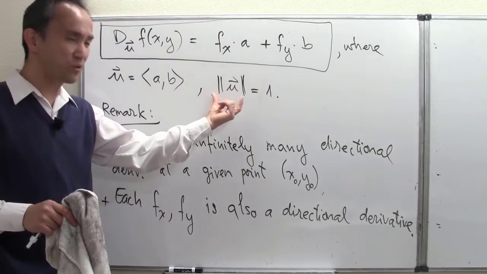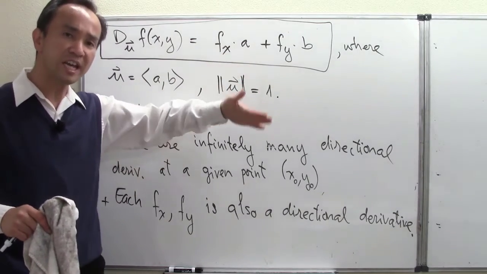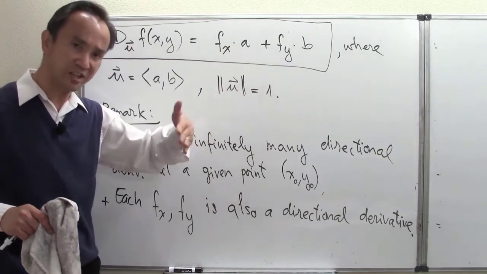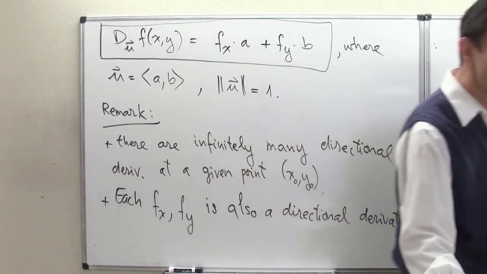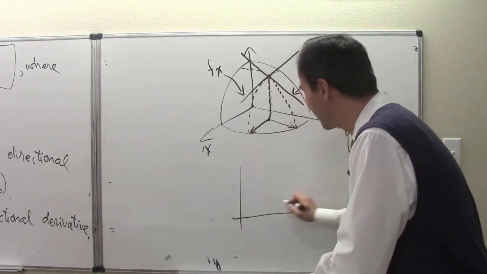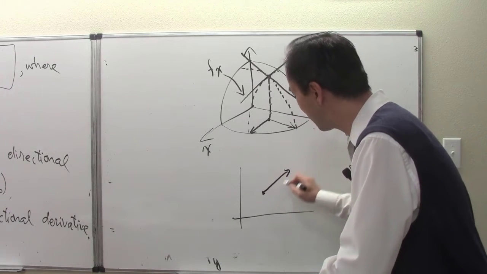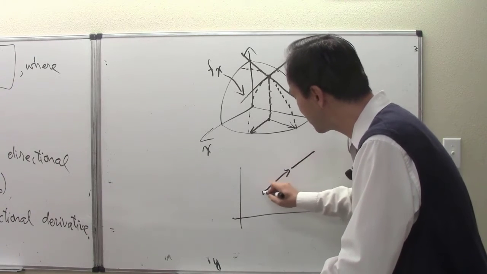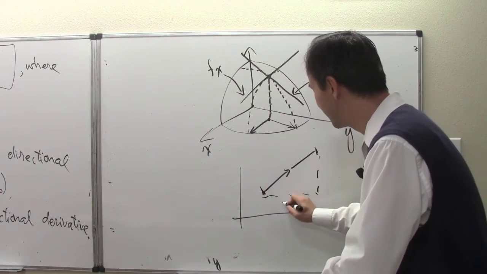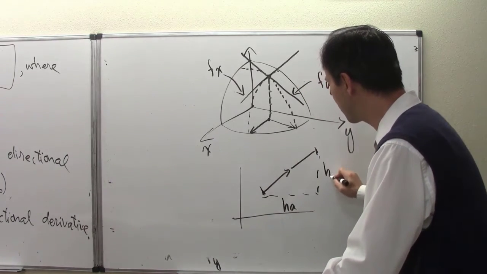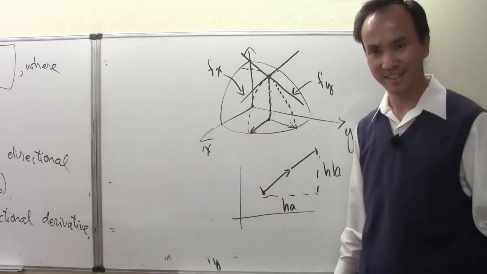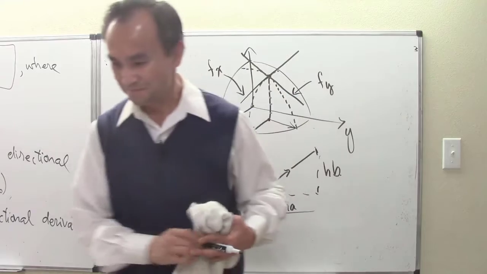We only need some vector that points in the direction, but the length should be 1 so that any change in h distance can be expressed as h times a and h times b here. That was the reason, but now I'm finalizing it.